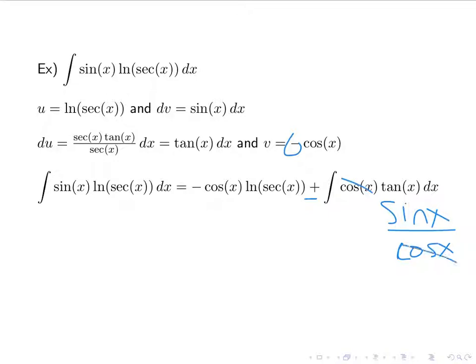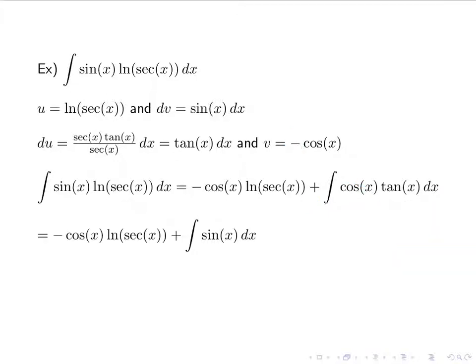So my cosines cancel, and I'm left with just sine. Integral of sine is really nice. So we get negative cosine x ln of secant x minus cosine x plus c. And again, you can always double check it by just doing the differentiation, and then you might have to do a little bit of trig simplification in there also.